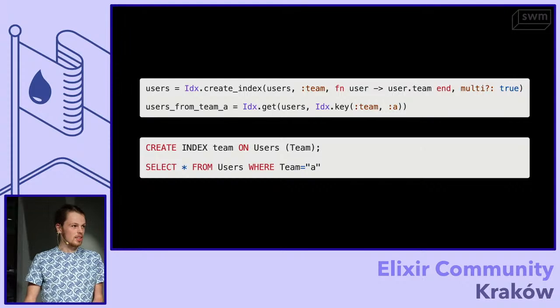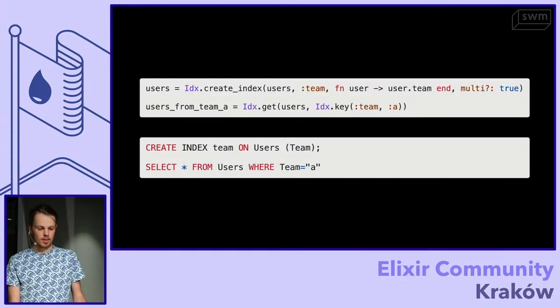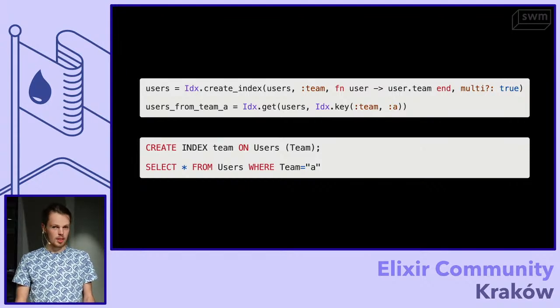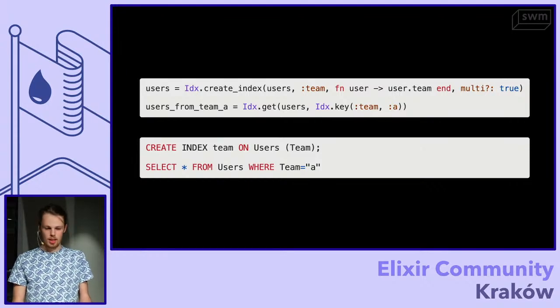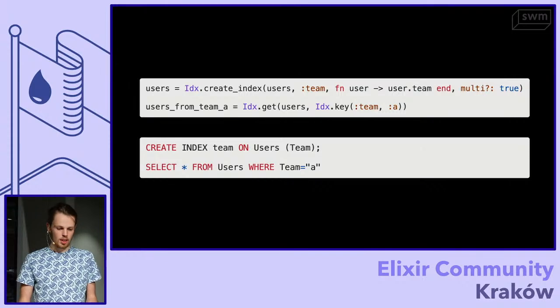So am I suggesting that we should use SQL or some kind of ORM on our internal state of the process? Well, I think it would be quite overkill, and we shouldn't do that.